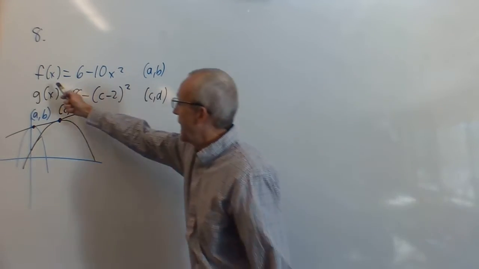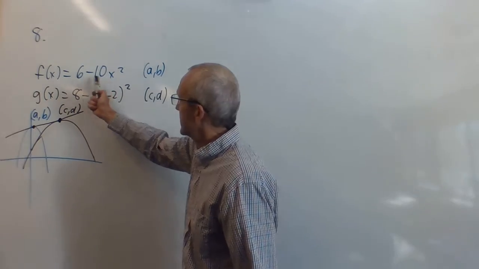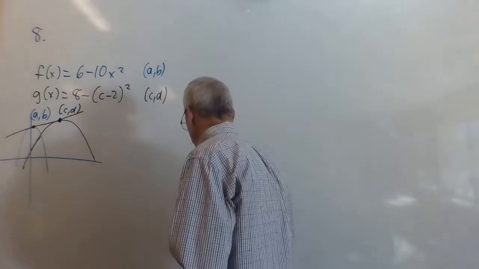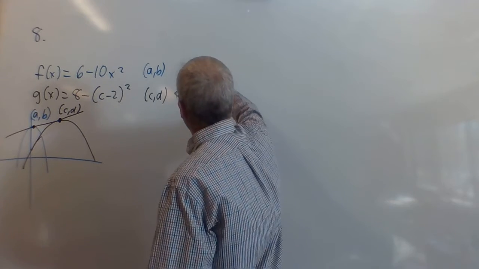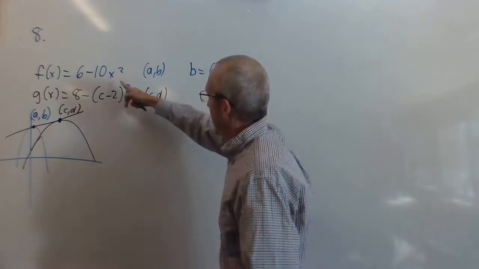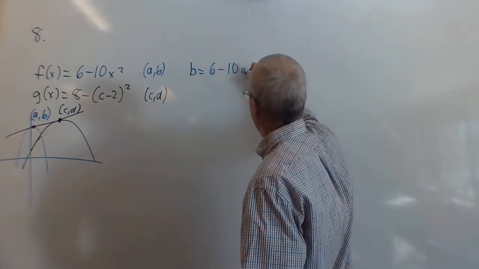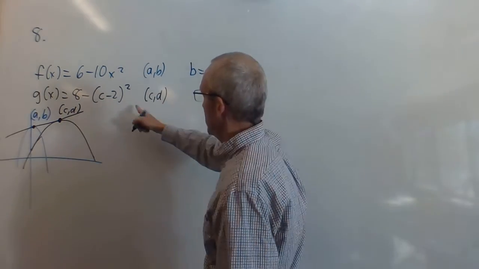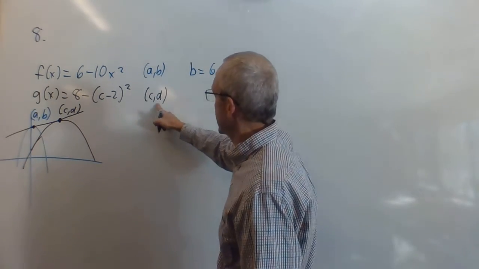The first equations we have are these. f of x is like y, which is like b. So right away we have that b, our y value, is 6 minus 10 x squared, which is 10a squared. And same thing with our g of x, which is like the y value, so that's like d.